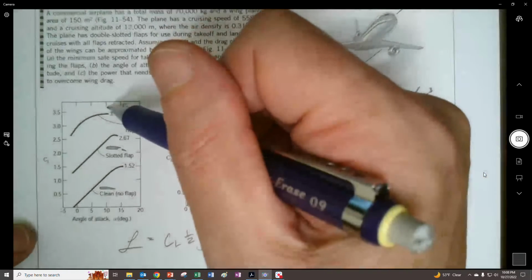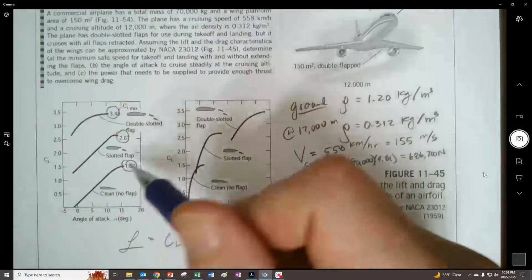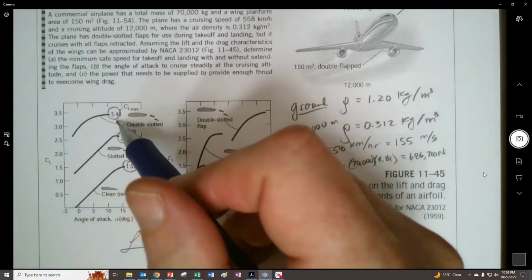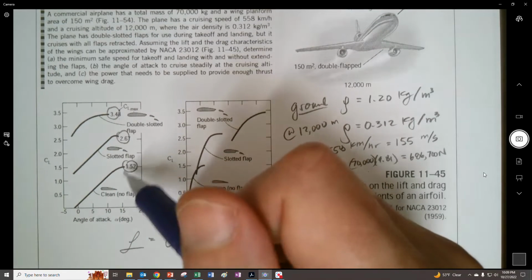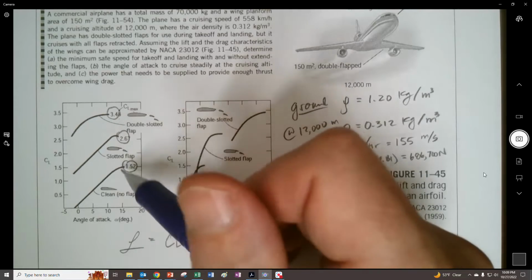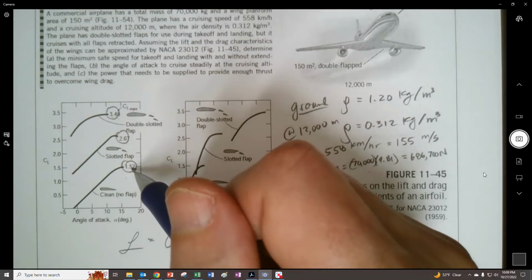That's really all about the stall, right? So they show the stall, they even put the number in there, the maximum lift coefficient. And we want to do it with and without the flaps. So we're going to use a 3.48 here and a 1.52.